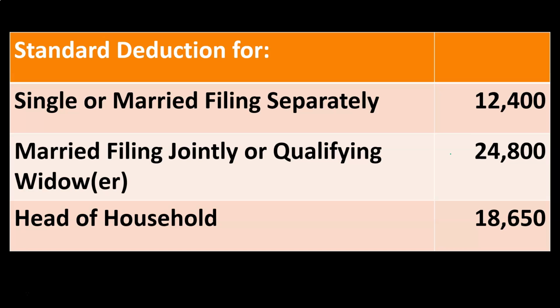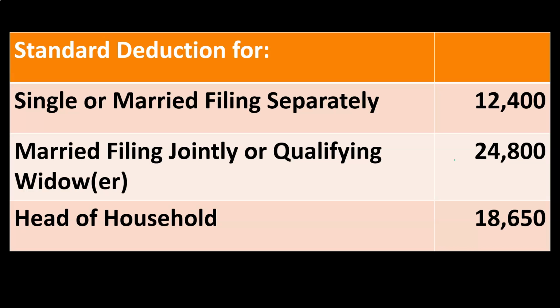So you can do the math in your mind and get an idea of what you're looking at. So again, the way I would think about it: memorize the 12,400 for single, and then if someone's married, you double it. If they file married filing separately, then you're back to single, 12,400. If they're a qualified widow or widower, then it's basically the married amount, 24,800. Head of household is somewhere in between.